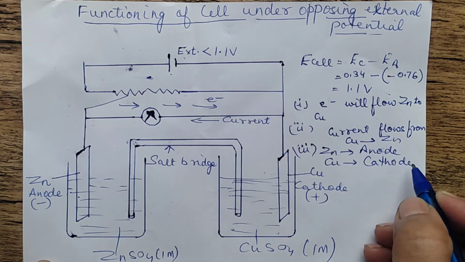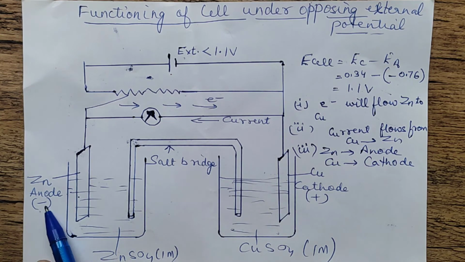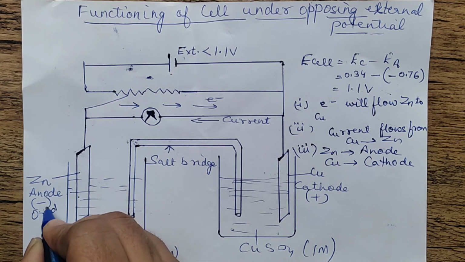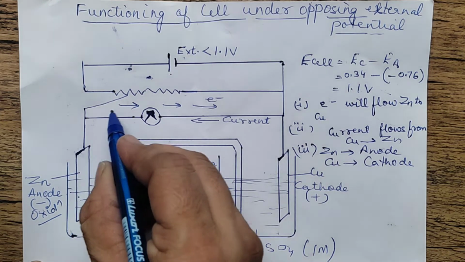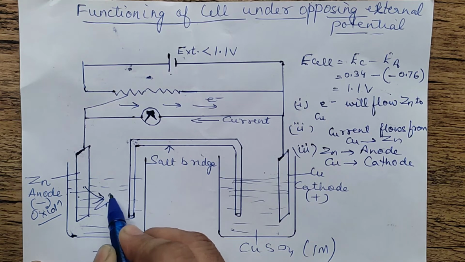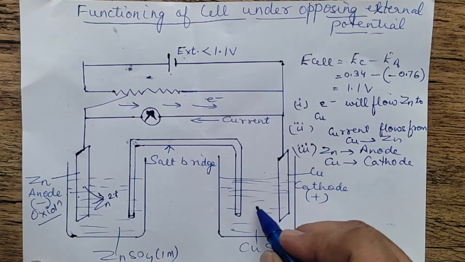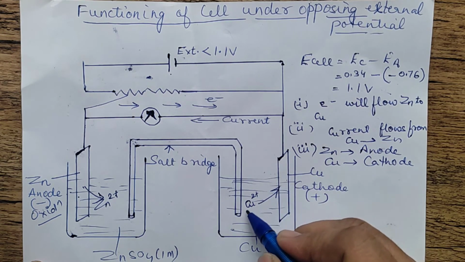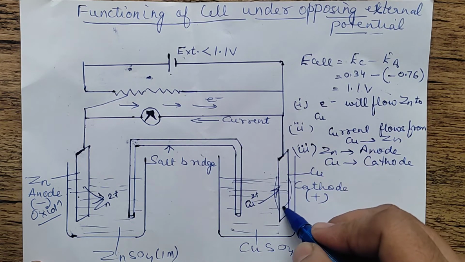All that we have already discussed in the previous video: zinc, because it is acting as anode, is undergoing oxidation. Oxidation means loss of electrons. So electrons from here were going to the other side, and from here the zinc ions were going into the solution. When the electrons go this side, they are picked up by cupric ions in the solution, which move towards the rod, accept those electrons and get deposited here.